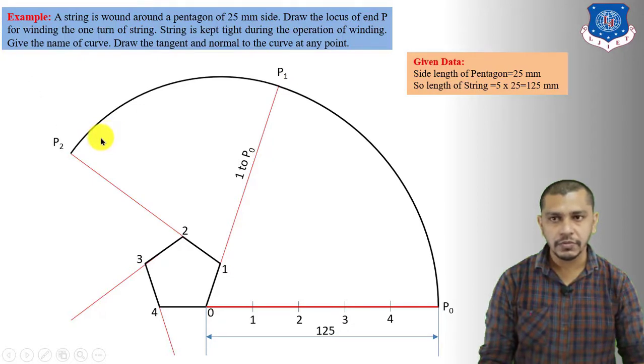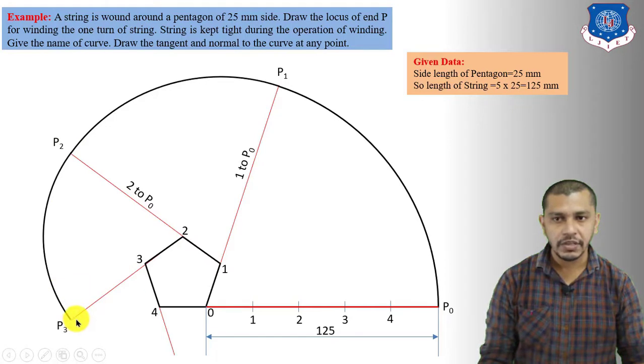You will get P2. Now the length of 2 to P2 will be equal to the length of 2 to P0. So the next step is to measure 2 to P0 on the rounder, and by taking the center at 2, give an arc. You will get P3.